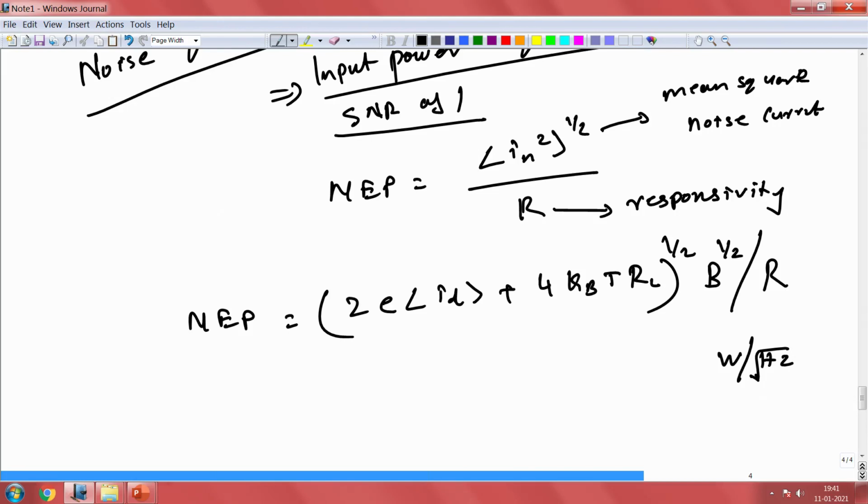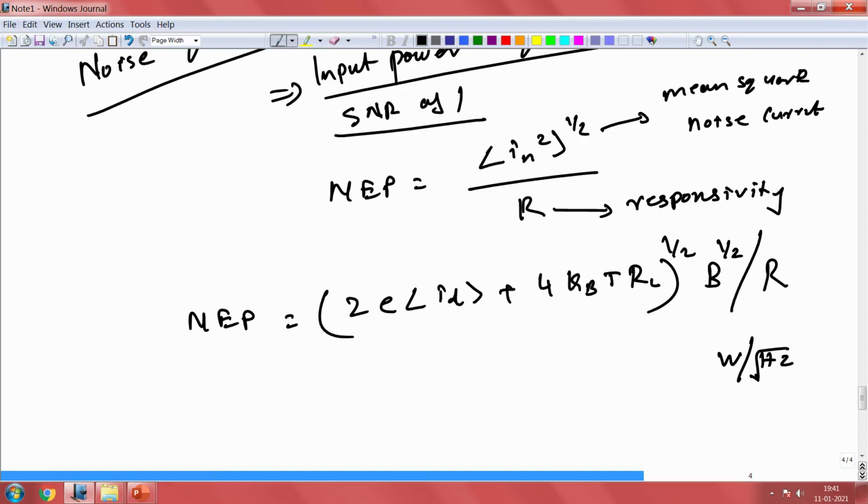But reducing the area also requires a small load resistor, and because of this, when your bandwidth is larger, it results in larger thermal noise. So there is a give and take here.